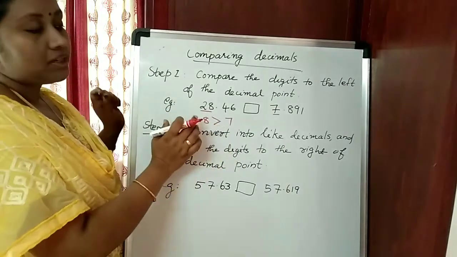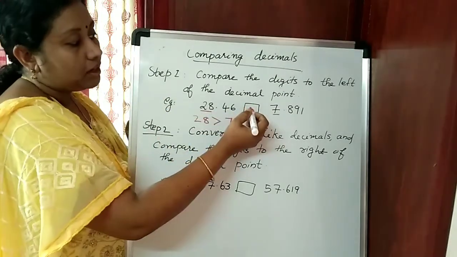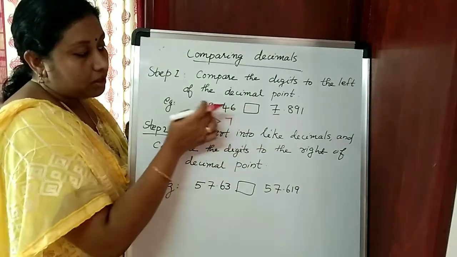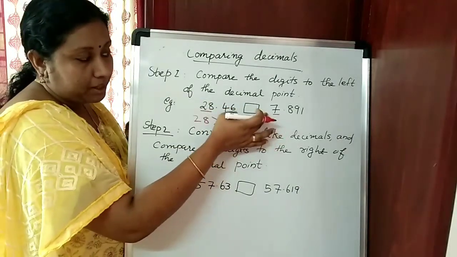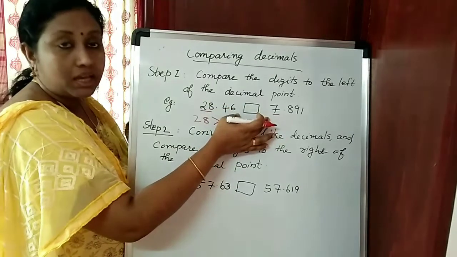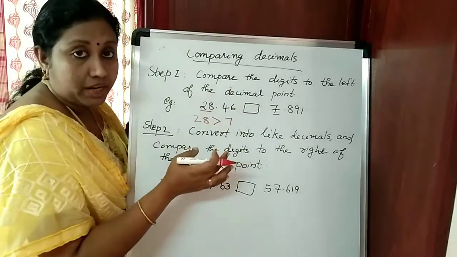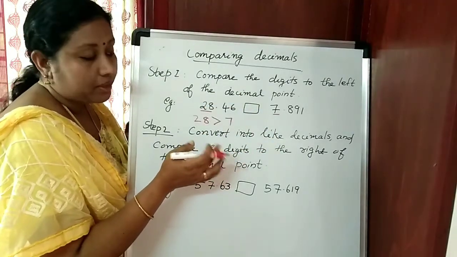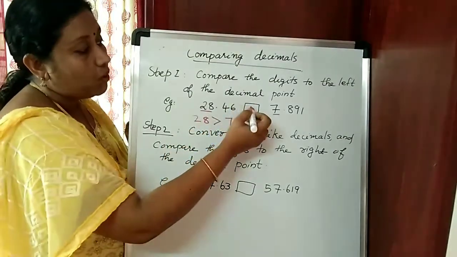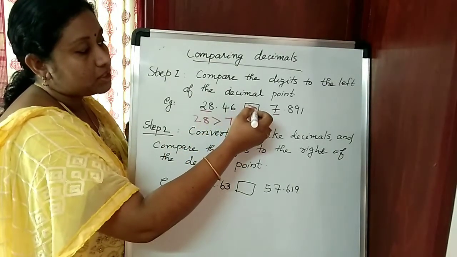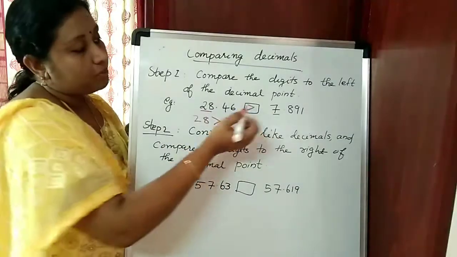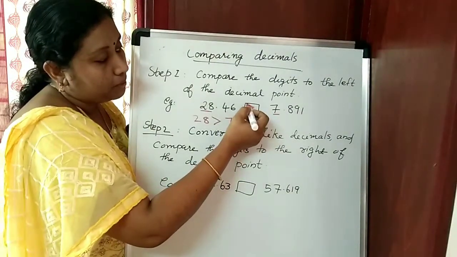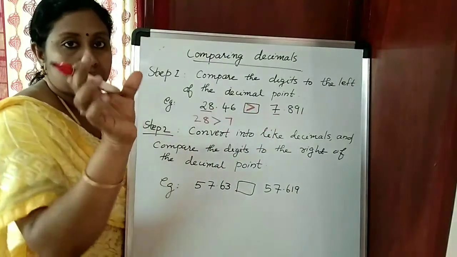You write it simply this way. So when we compare these two decimal numbers, which is the greater decimal number? Yes, here 28 is greater, so 28.46 is greater. You put this symbol with the opened mouth facing the biggest number.